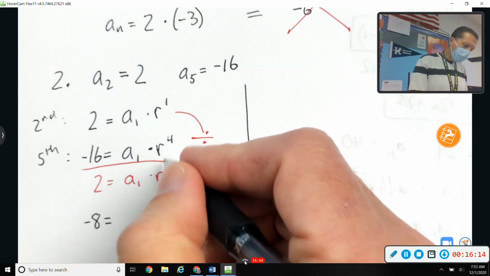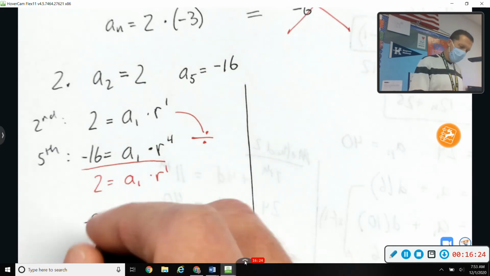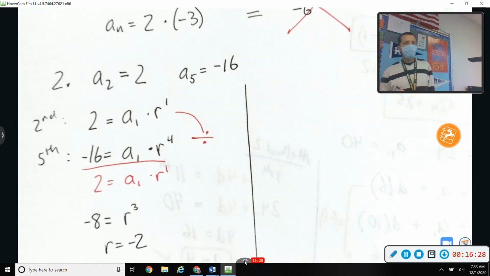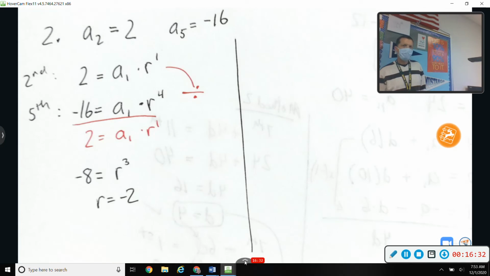What's R to the fourth divided by R to the first? R to the third. So that means R equals negative 2. And so we found our R. Now we need to figure out what A1 is.